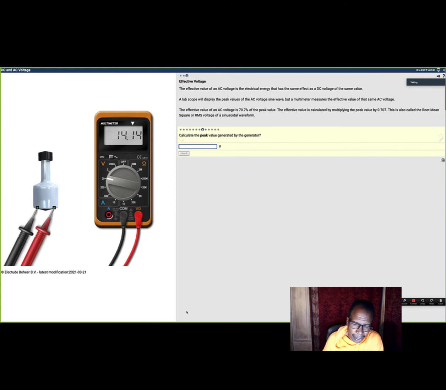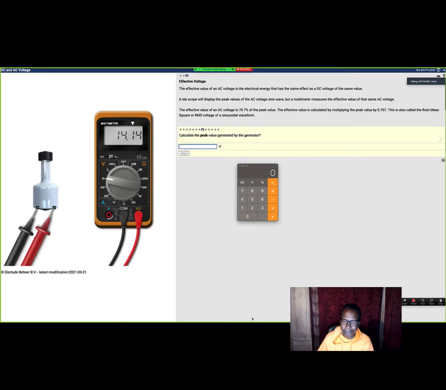Now we need to multiply the voltage value times 0.707. Oh, there we go. So 14.14 times 0.707 equals 0.9, right?